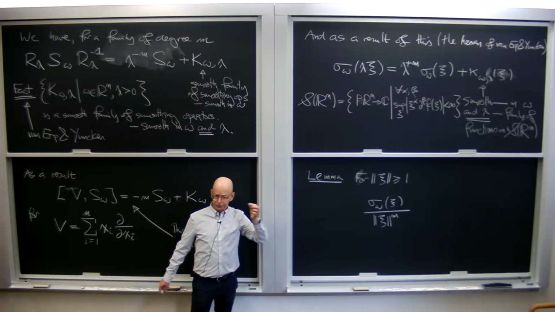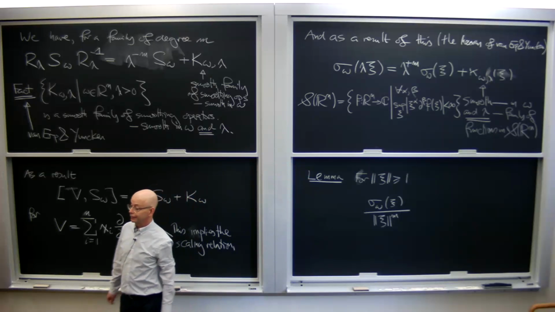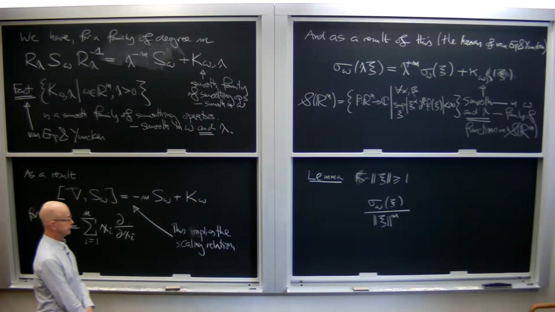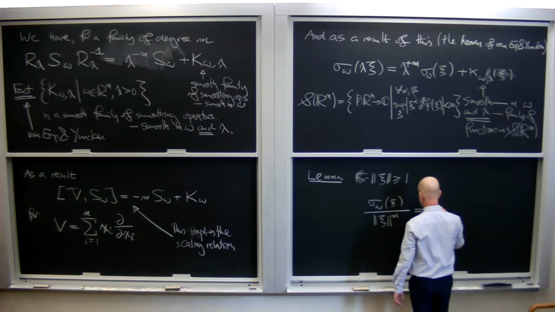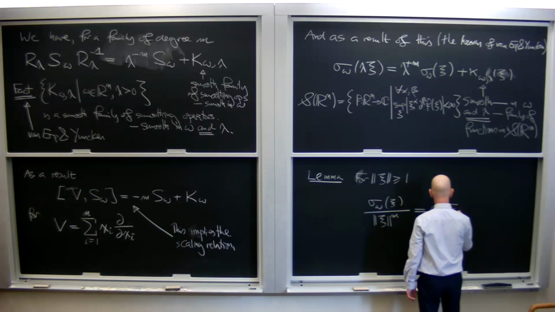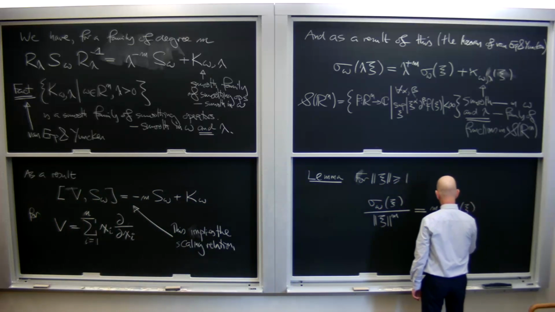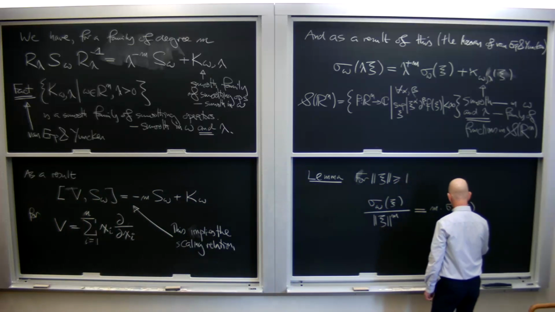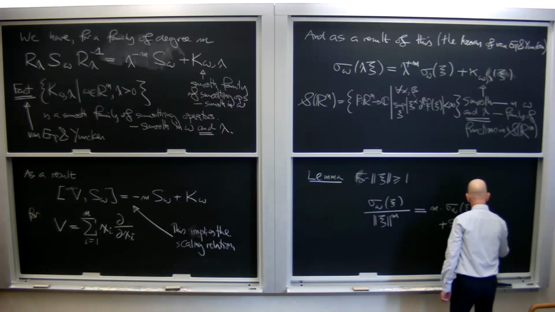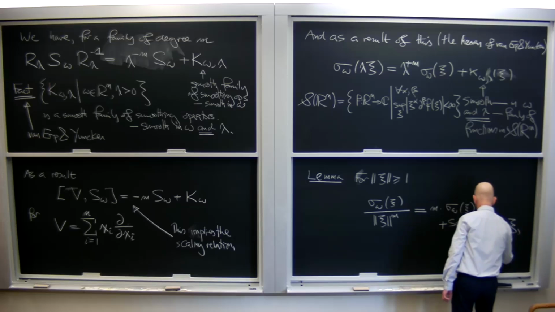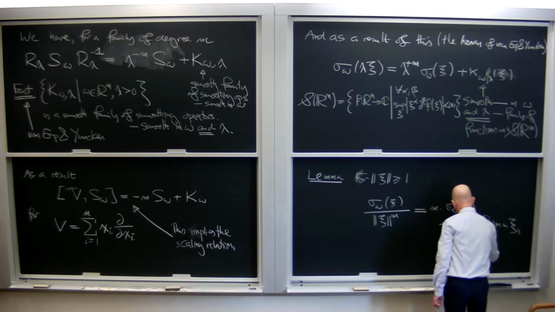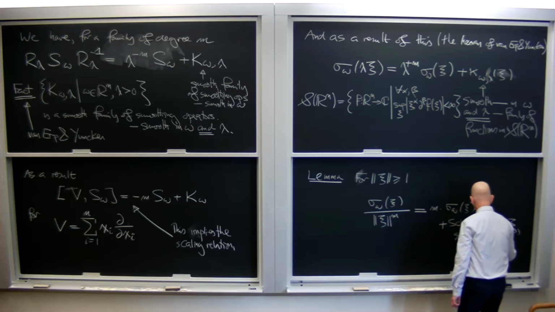On the nose, of course, psi to the m may not be quite a smooth function at psi equals 0, but otherwise everything is fine. This thing is equal to m times sigma of omega psi plus a Schwartz function, and in the sense we were just describing, smoothly varying with omega.